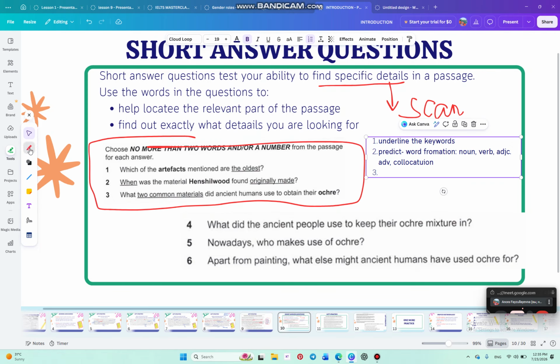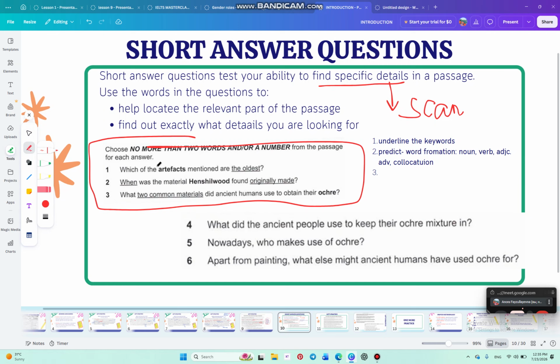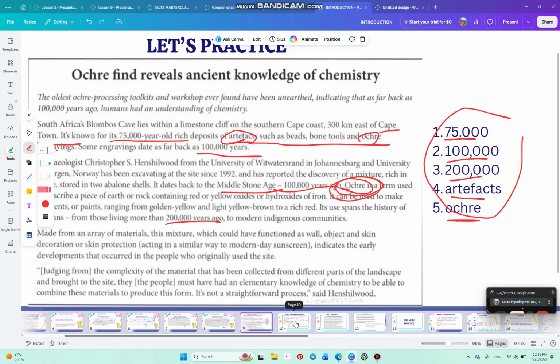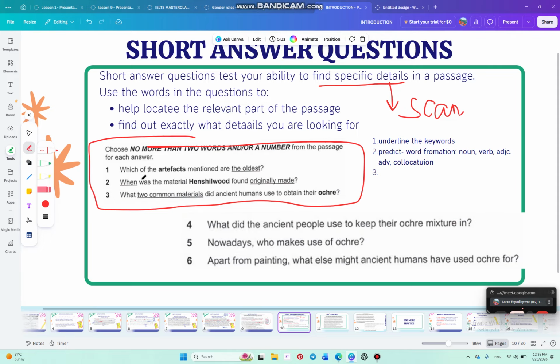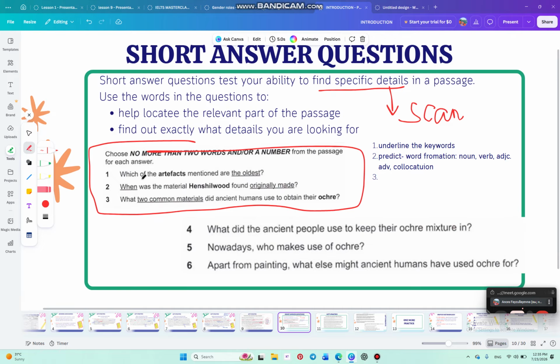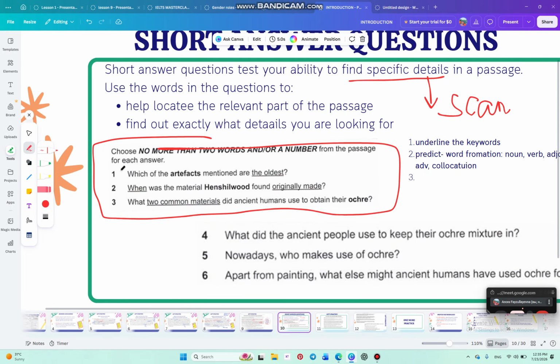So here, if we look at the questions about ochre, which we did here, for the questions 1 to 3, we have the words that are already underlined, and we have to look at how they were underlined. We have here the words artifacts and the oldest. So we should quickly scan the passage to know about the oldest artifacts.